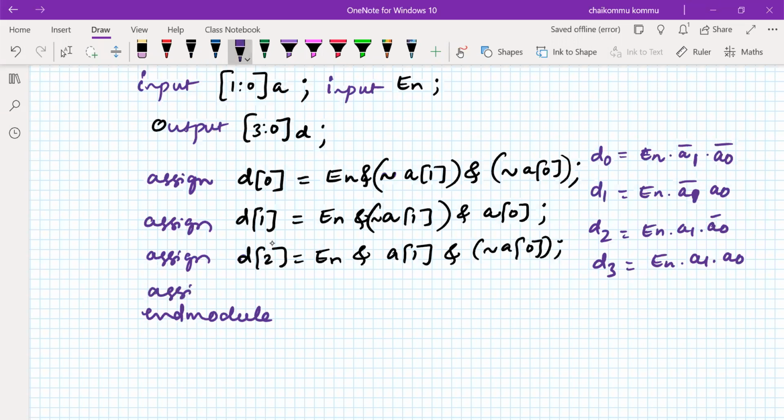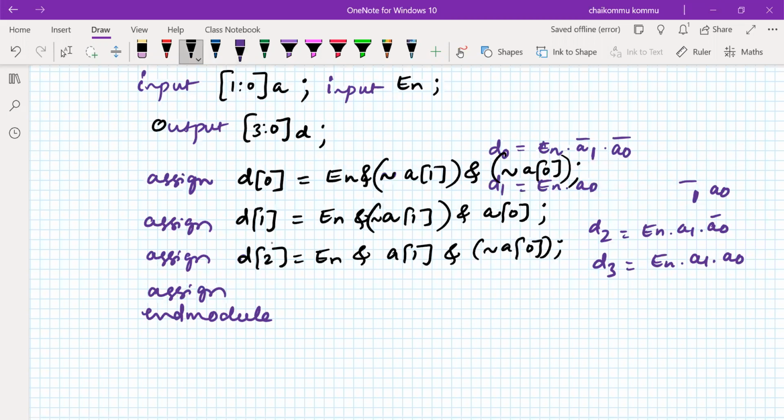Assign D3 is equal to enable and A of 1 and A of 0.